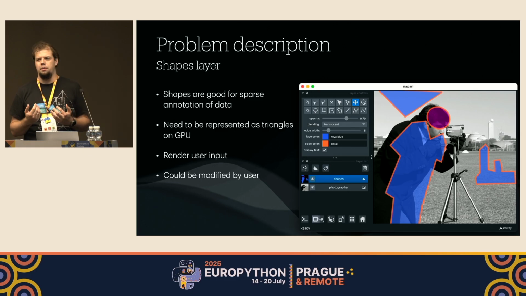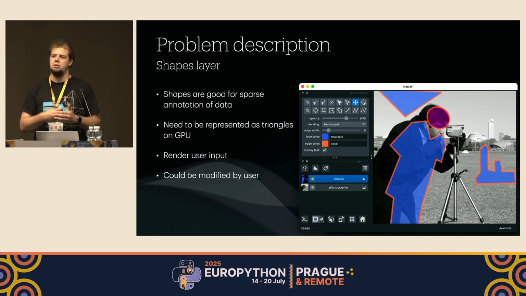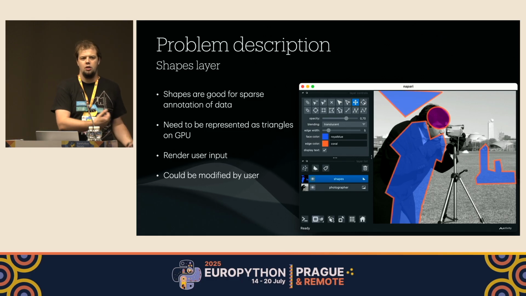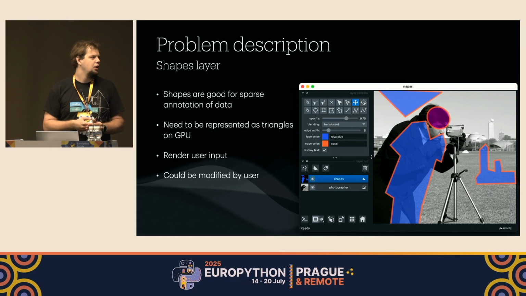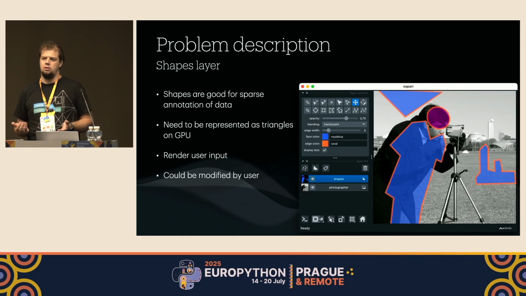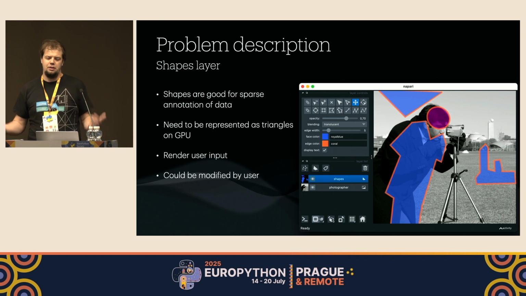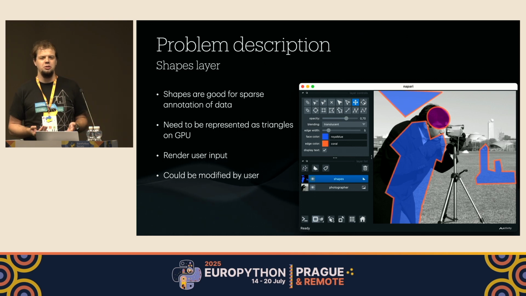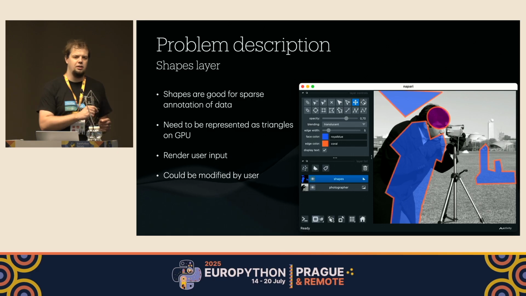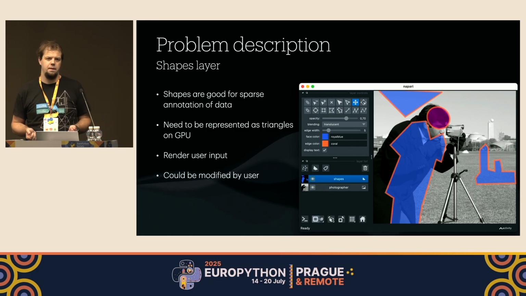But GPUs natively support rendering textures. So when we have labels, we just send them to the GPU, provide a mapping, and it's rendered as we would like. For the shapes, we use OpenGL to be multi-platform, and OpenGL does not support polygons. It supports triangles. So we need to change every shape from a sequence of coordinates into a sequence of triangles.